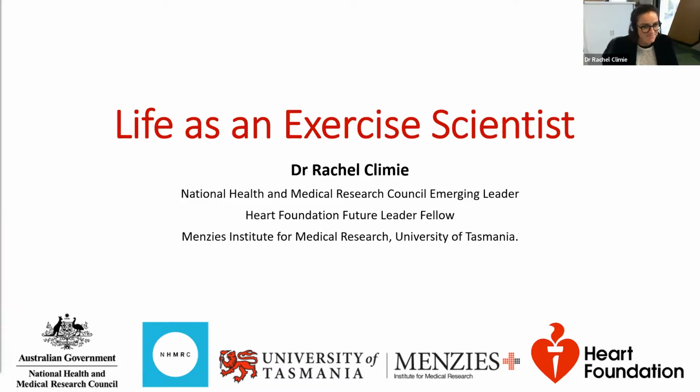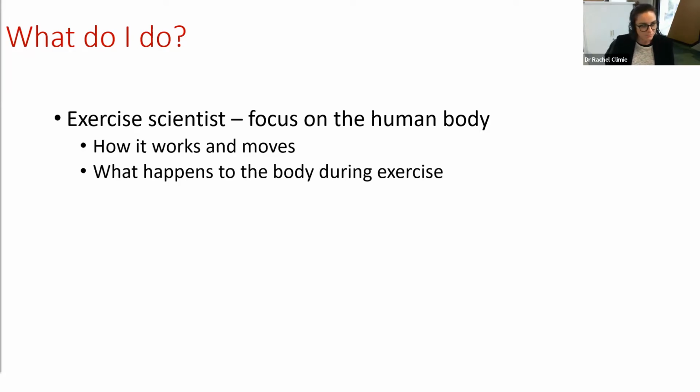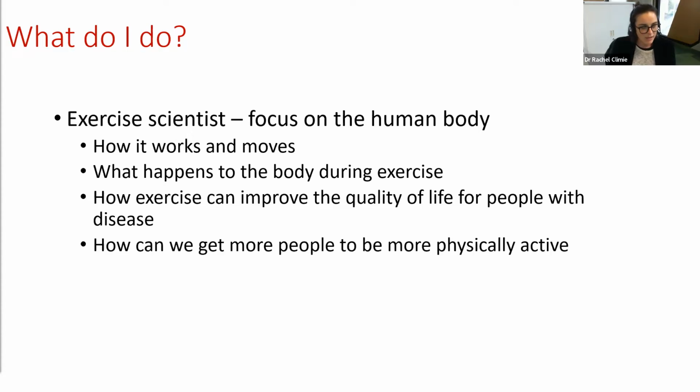Hi, everybody. I'm really excited to talk to you today about my life as an exercise scientist. So what is an exercise scientist? Well, as an exercise scientist, I focus on the human body. I explore how it works and moves, what happens to the body during exercise, how exercise can improve the quality of life for people living with disease such as diabetes or cancer, and how we can get more people to be more physically active.